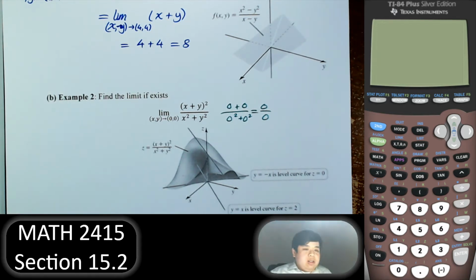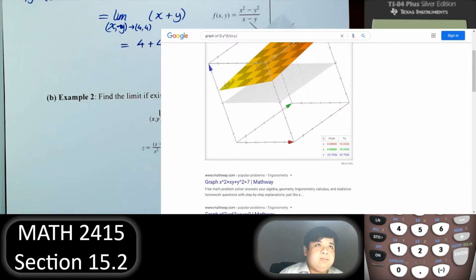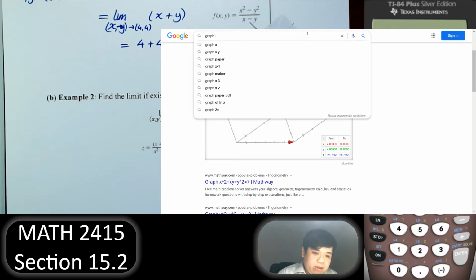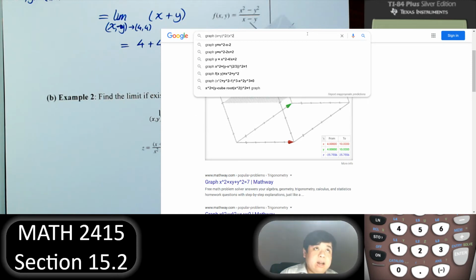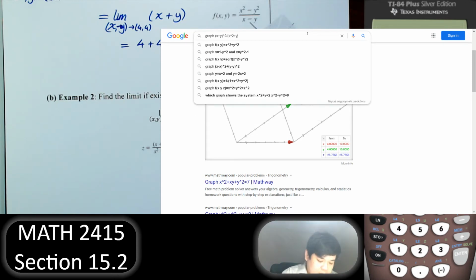Right, first, this one I will actually look at the graph first. So we're going to type graph x plus y squared divided by x squared plus y squared.